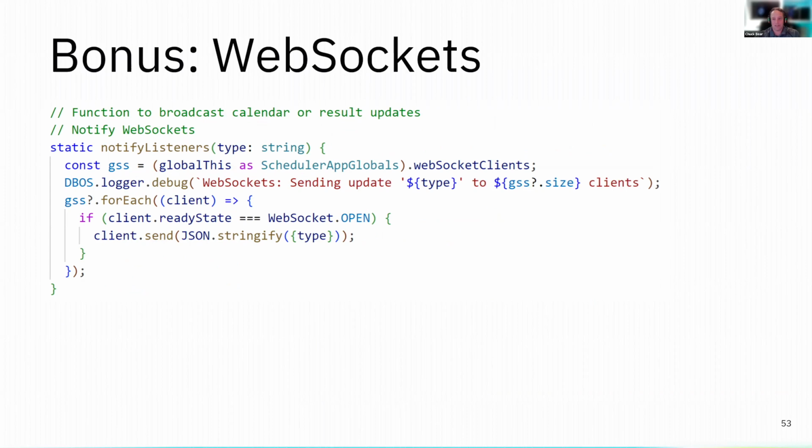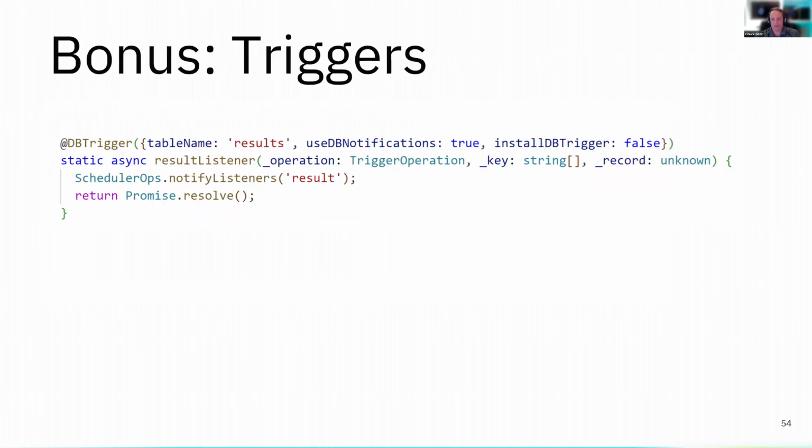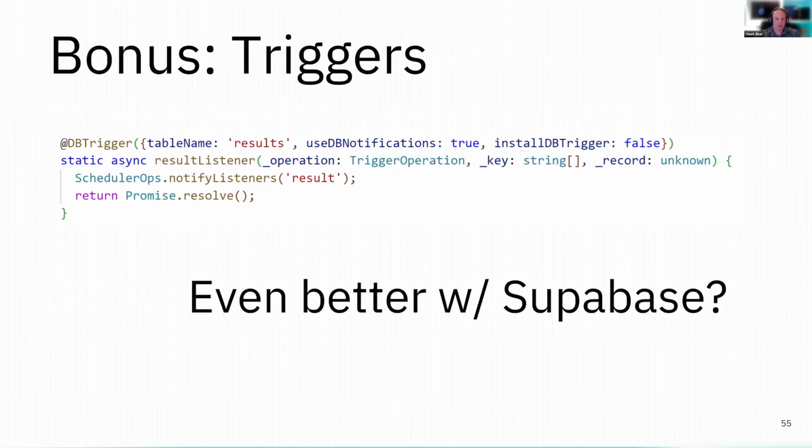But in addition to WebSockets, what if you're trying to see if anything happened in the database? If you've got multiple machines working together on this or something else submits a database write, you would like to have that get triggered whenever someone writes to the database. So for that, there's this DB trigger decorator you can put on that will notify all the WebSocket listeners of a database change. And I heard it's even better with Supabase, but I didn't get to try it. You should check out our Supabase integration.